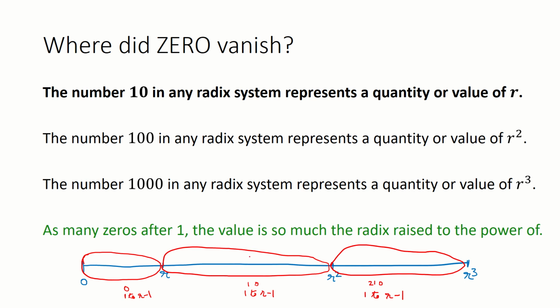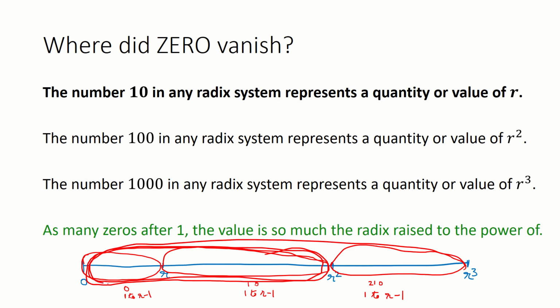So, for 2 positions this entire range of numbers is getting represented, and for 3 positions this entire range of numbers is getting represented, starting from 0 to r cube minus 1.